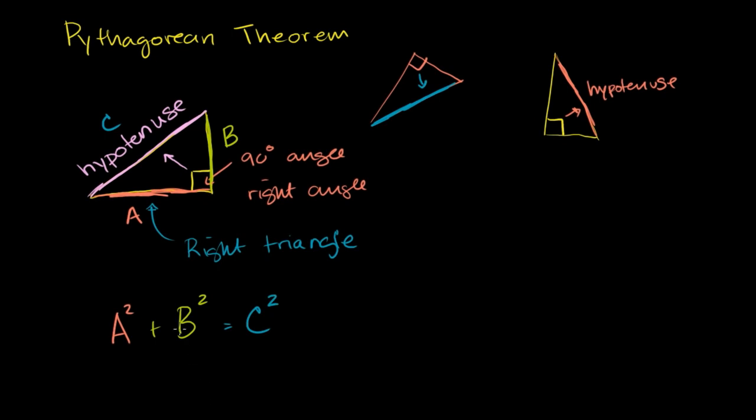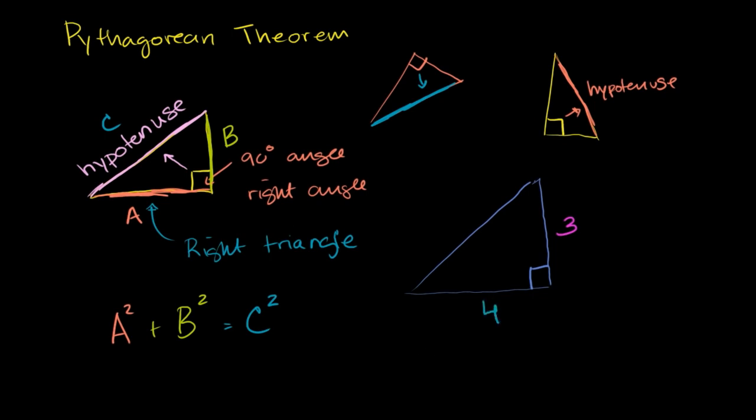Now, let's do that with an actual problem, and you'll see that it's actually not so bad. So let's say that I have a triangle that looks like this. Let's say they tell us that this is the right angle, that this length right here is 3, and that this length right here is 4.